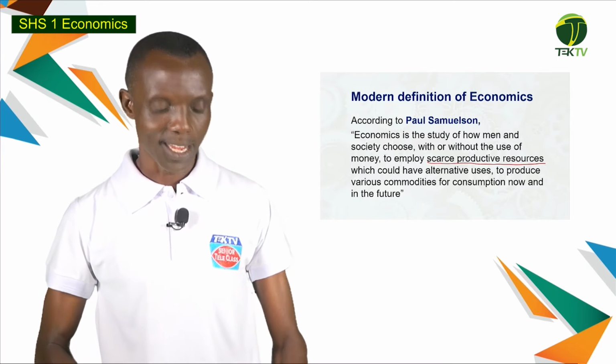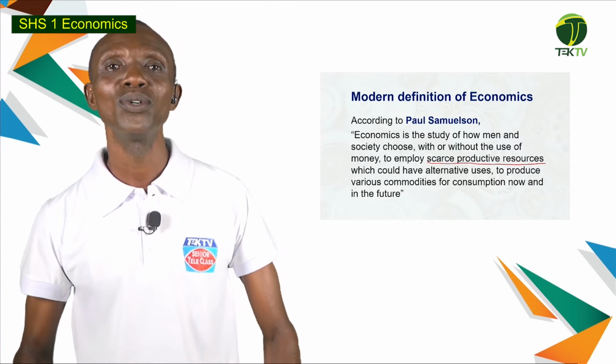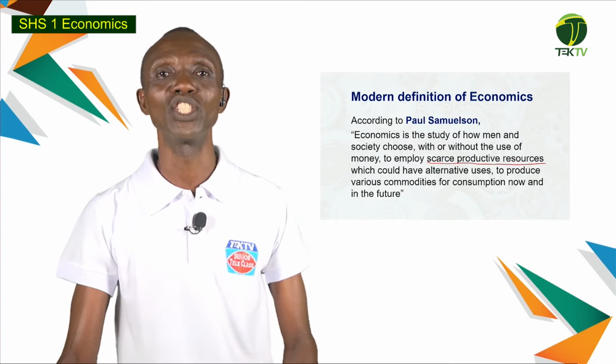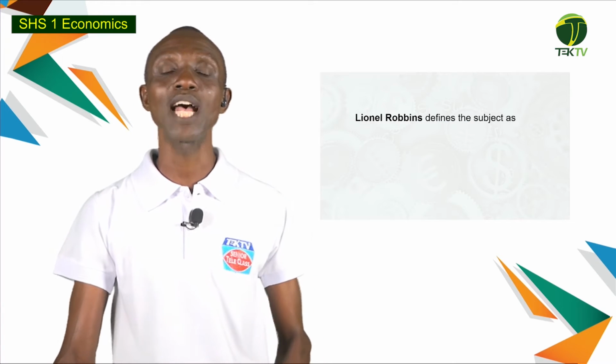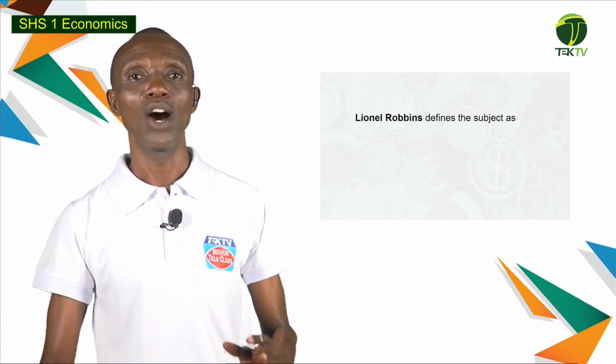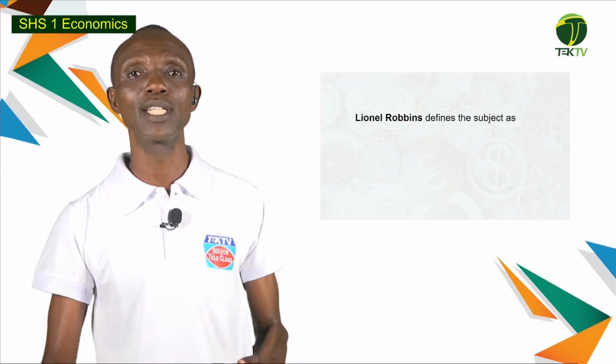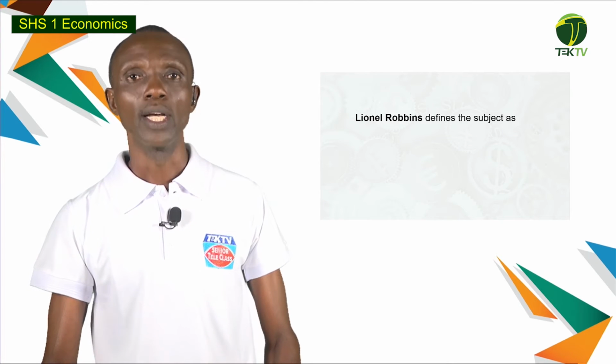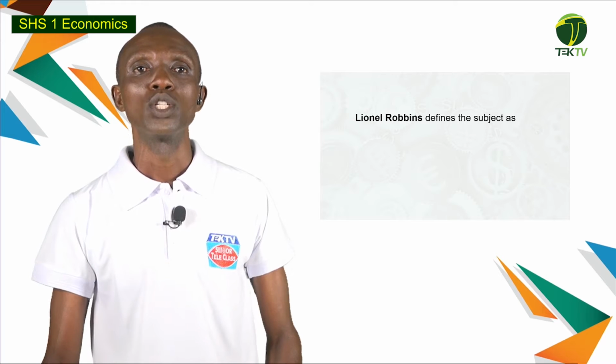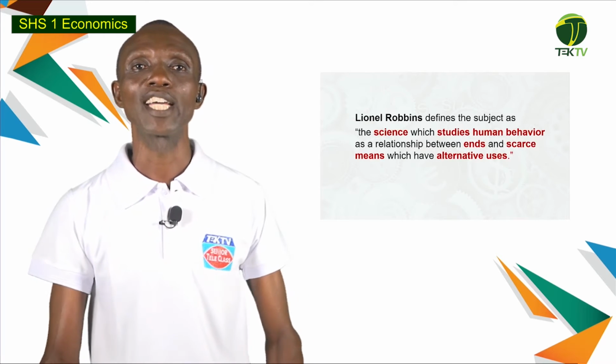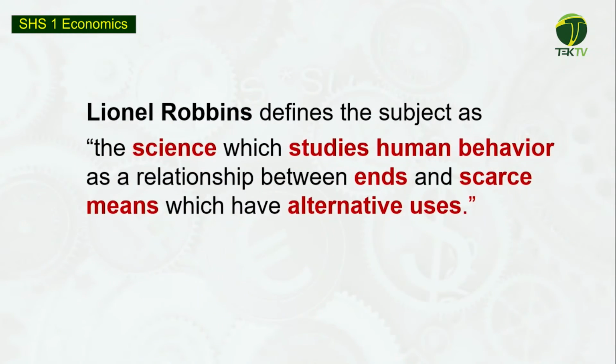Now let's turn our attention to Lionel Robbins' definition of economics, and we shall be dwelling on this definition to elaborate it more. Good. So to Lionel Robbins, economics is the science which studies human behavior as a relationship between ends and scarce means which have alternative uses.